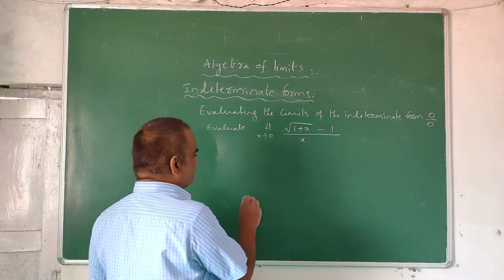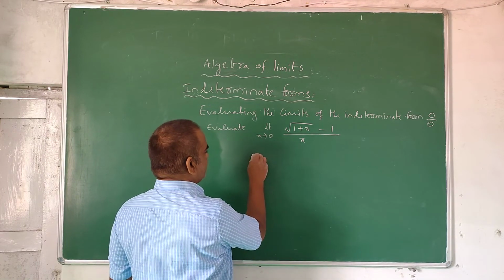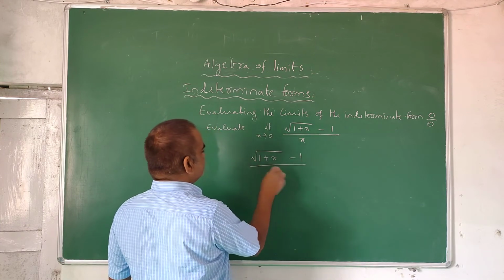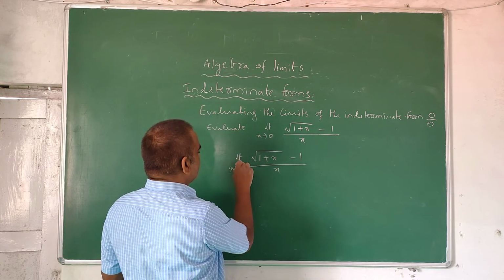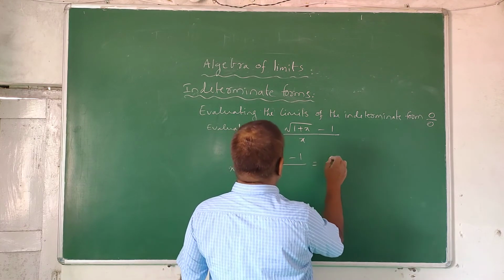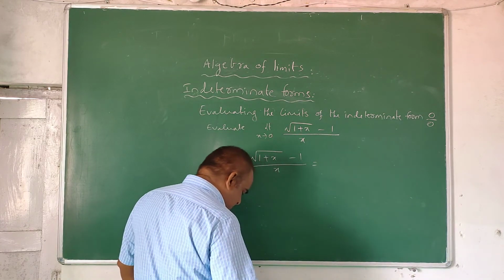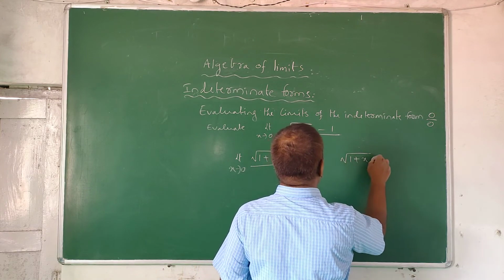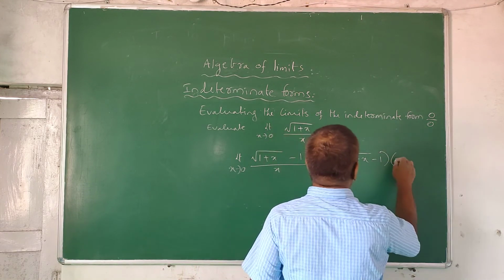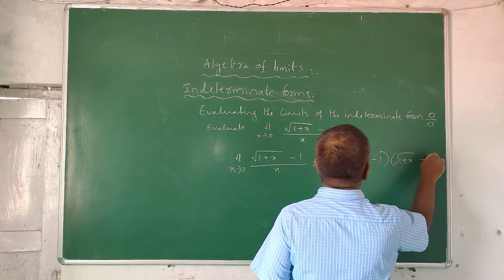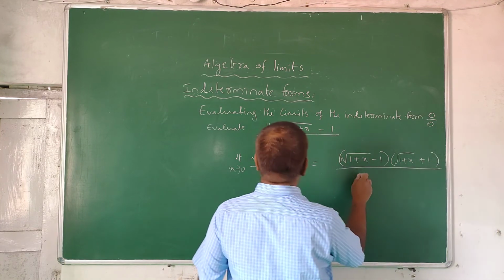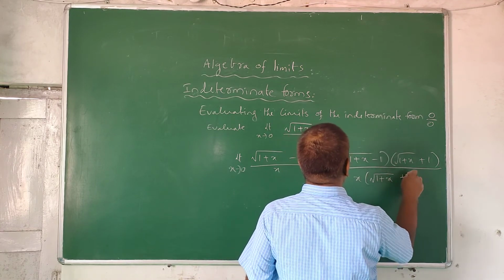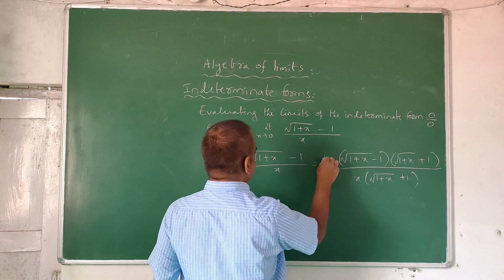So now let us go for directly finding the limit, avoiding the indeterminate form. Here you have to go for rationalization. Rationalizing the numerator: root 1 plus x minus 1 into root 1 plus x plus 1 by x into root 1 plus x plus 1, limit x tends to 0.